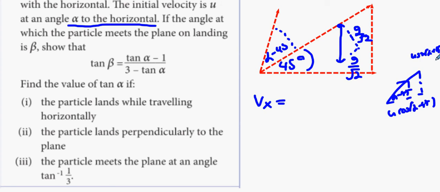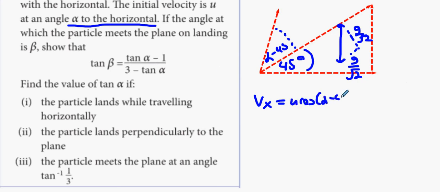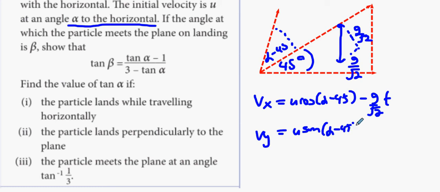Is that okay? Sorry, it's really small right in there. So it's going to be u cos(alpha minus 45) minus g over root 2 t. And Vy is u sin(alpha minus 45) minus g over root 2 t.